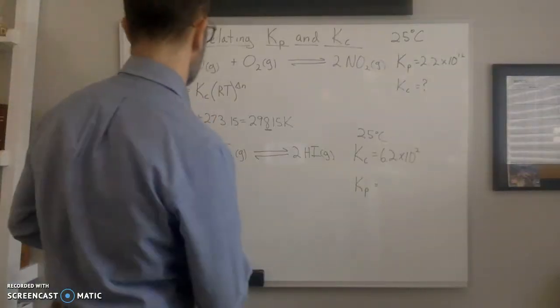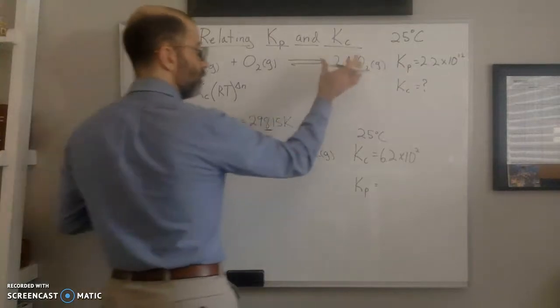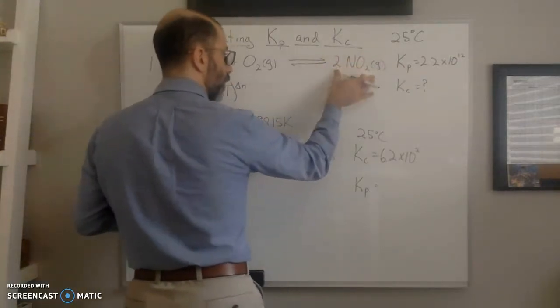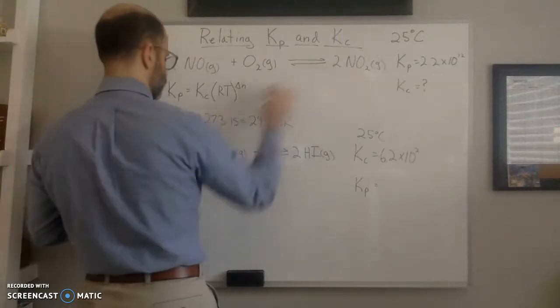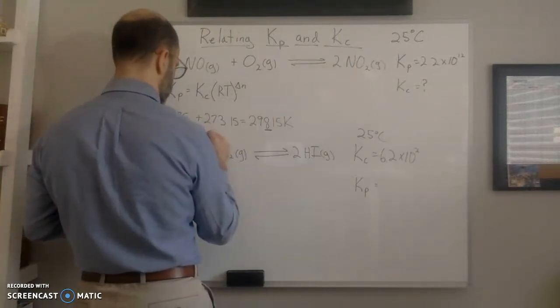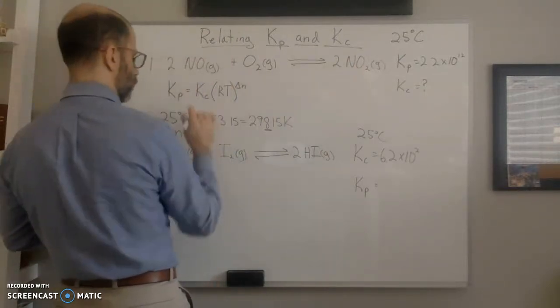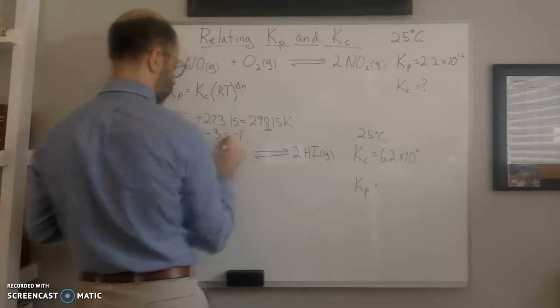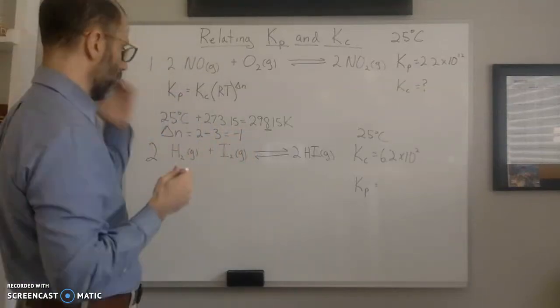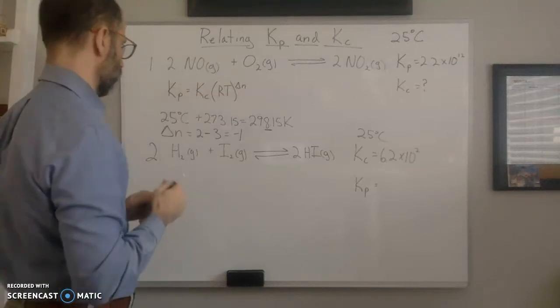And so this is going to be the number of moles of product minus the moles of reactant. So we have 2 moles of our product minus the total moles of reactant, which is 3, and that gives us a -1. So the power is going to be -1.